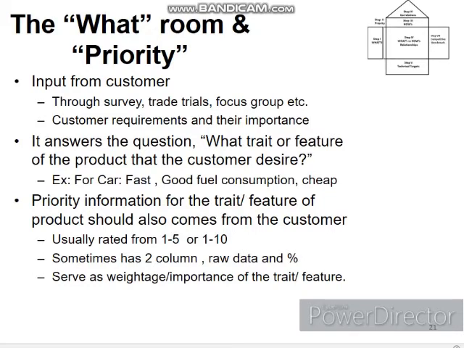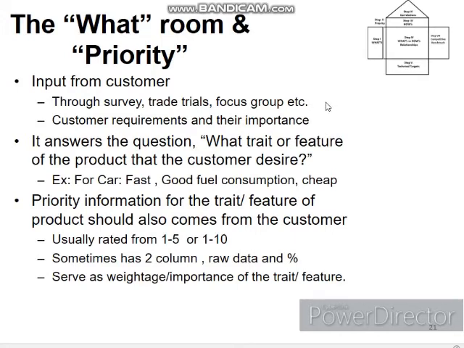So let's look at the first step. We have to look at the what and also priority room, which is located in this area. Basically, the what column is an input from your customer. As mentioned just now, it can be done through survey, trade trials, focus group, complaints, and so on.